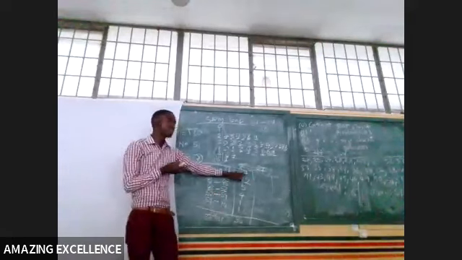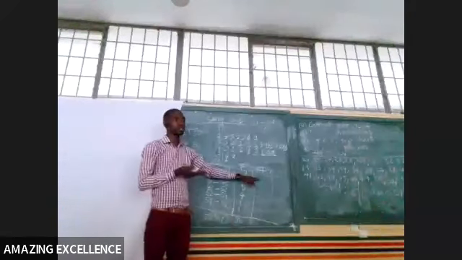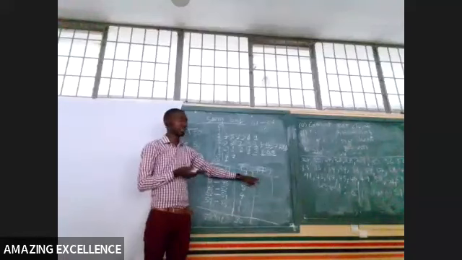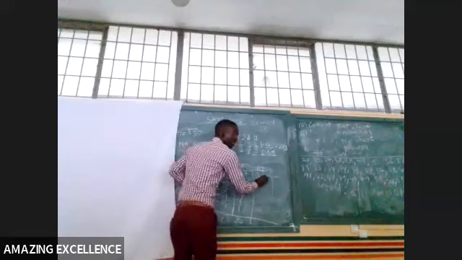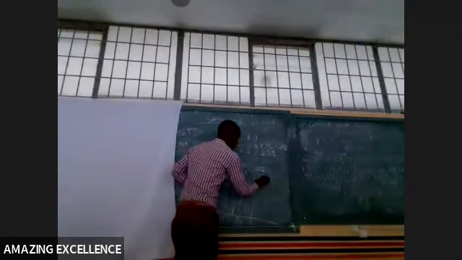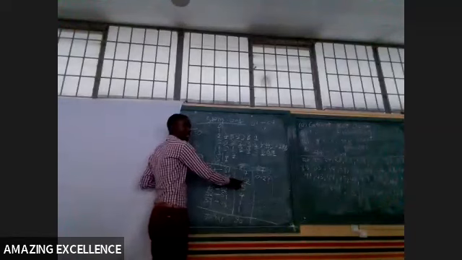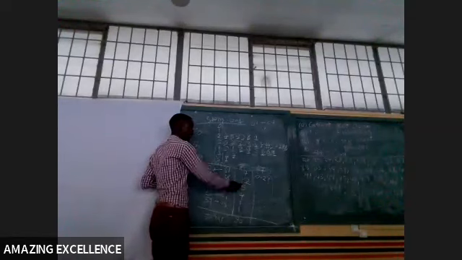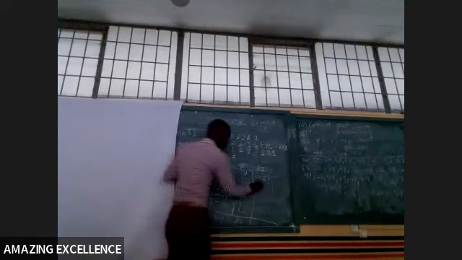So you say 7 divided by 30, the total frequency. What is the relative frequency? 0.233. What about the relative frequency here? 12 divided by 30 is 0.4.